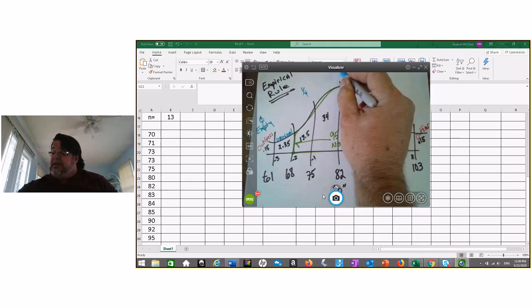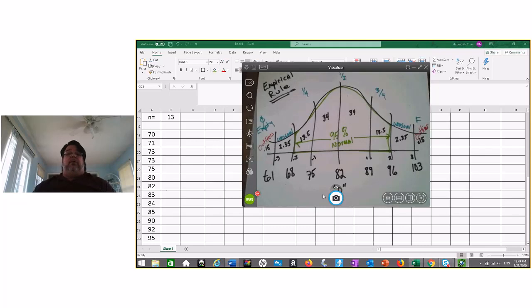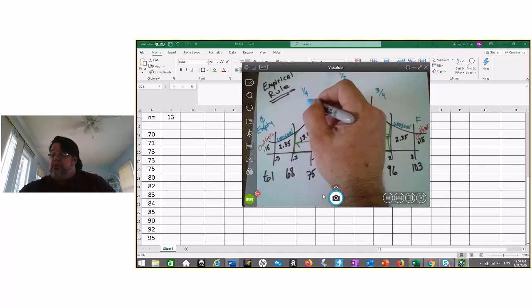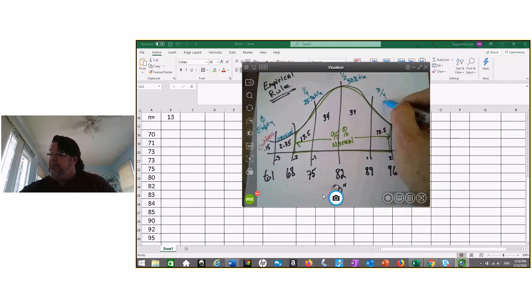This is a half a tank. This is 3/4 of a tank, and this would be what? Full. So when you're talking about the first quartile, you're talking about 25%, 25th percentile. This is the 50th percentile. And this is the 75th percentile. That's where these numbers come from.